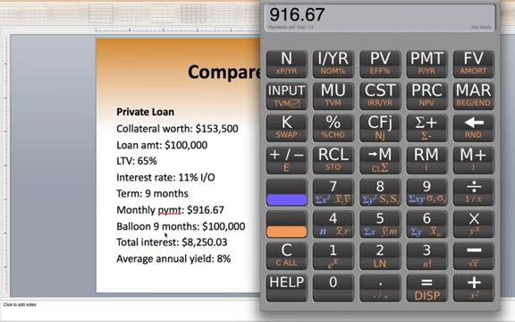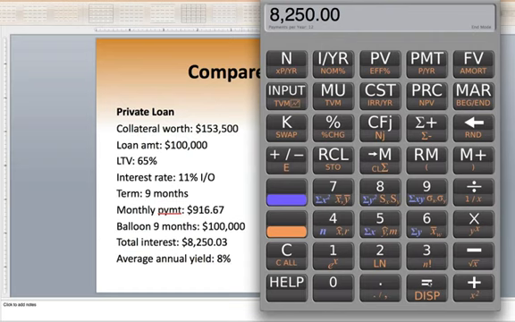And that's what you get every month. And then at the balloon, at the end of 9 months, you get your 100,000 back that you gave in the beginning. So the total interest over that 9-month period is $8,250. We take the monthly payment times 9, $8,250.